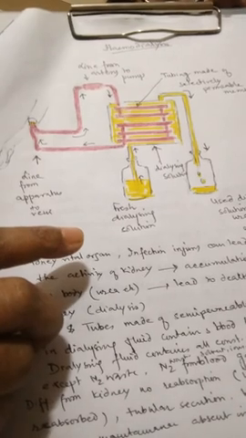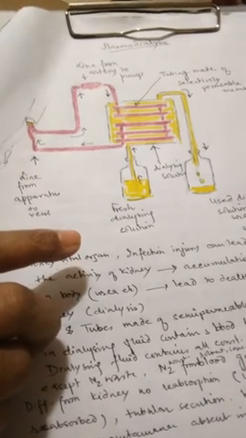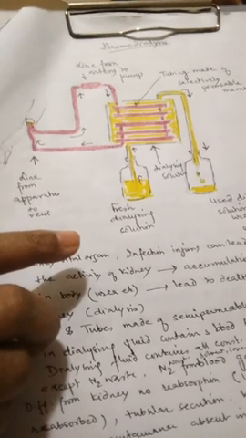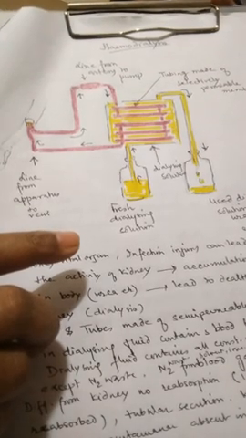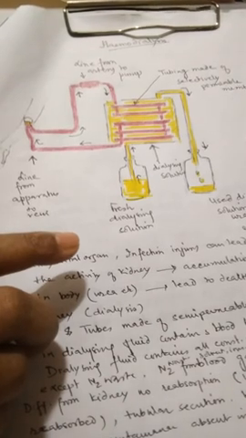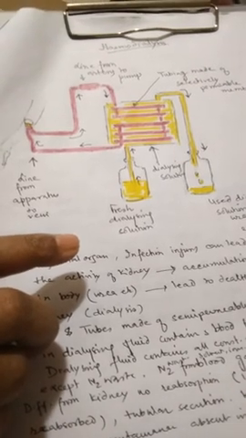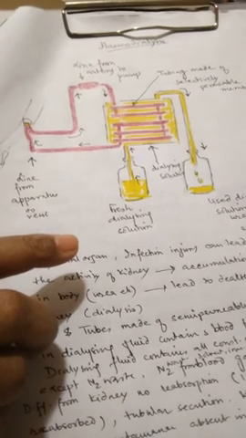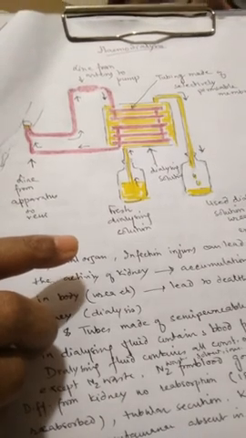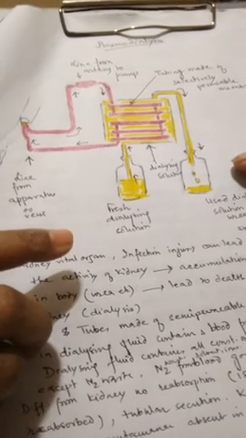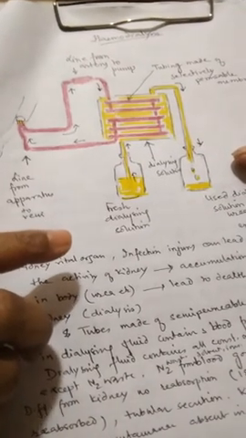So why does the kidney sometimes reduce its functioning? In certain people, the kidney starts reducing its functioning due to infection or some injury.